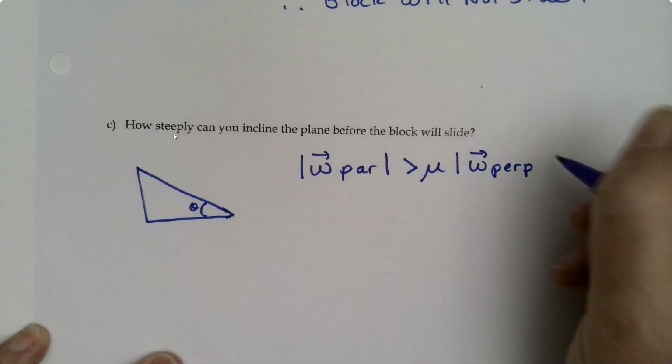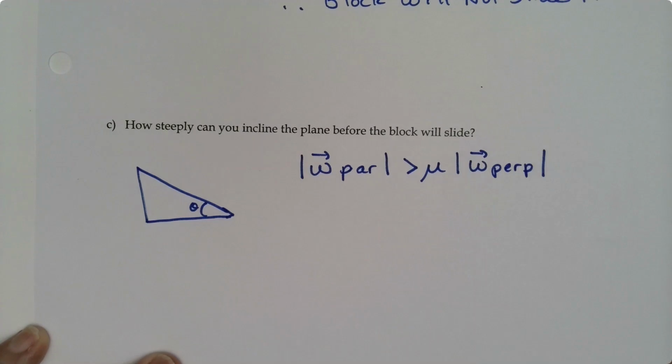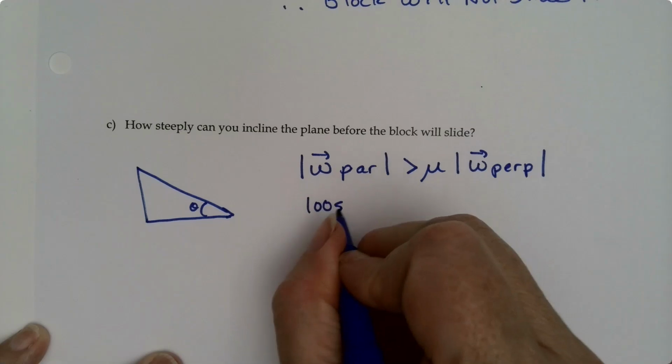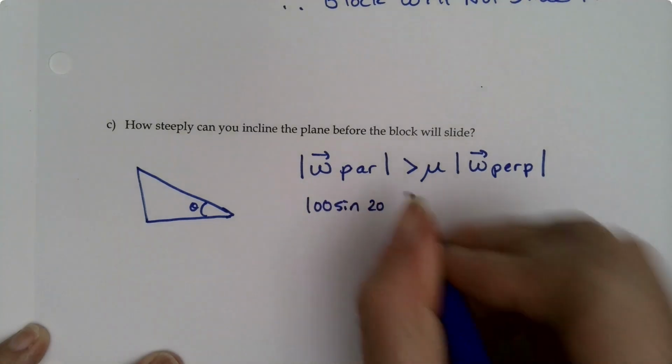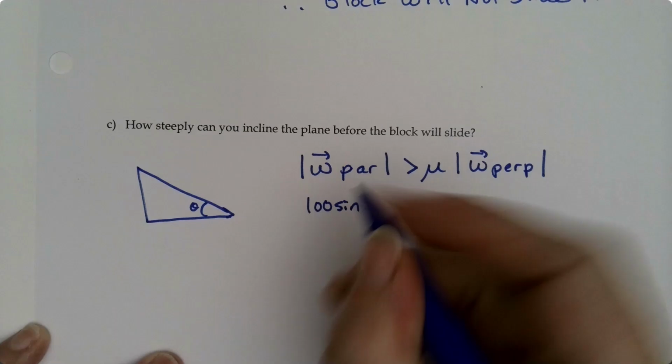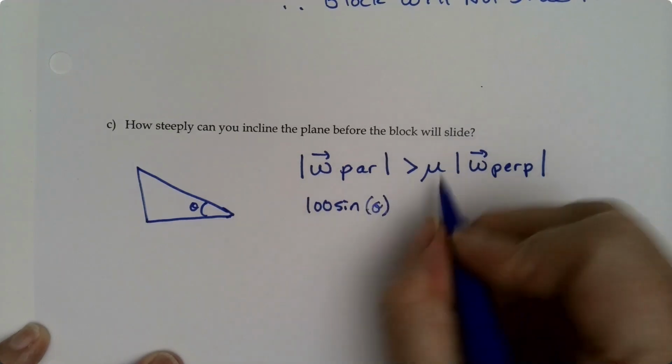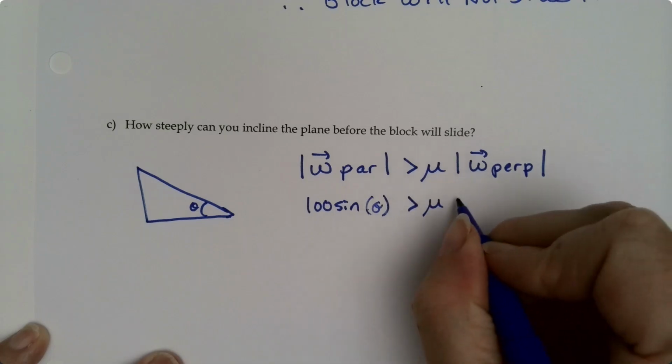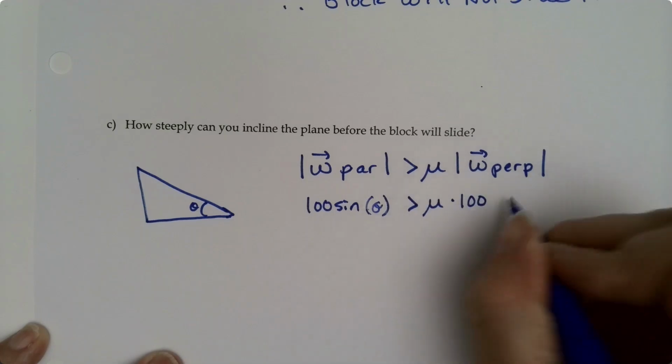This would be 100 sine of 20 degrees. Oh, sorry, of an angle. That's the point, we don't know the angle. So that's fine, angle theta. And then this would be 100 times 100 sine of that angle.